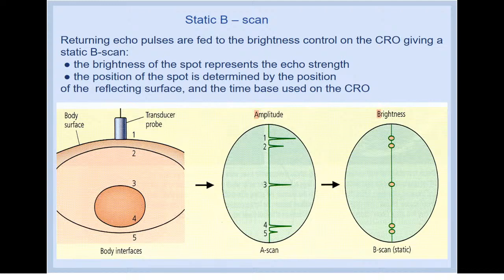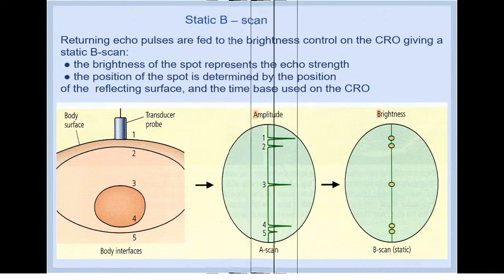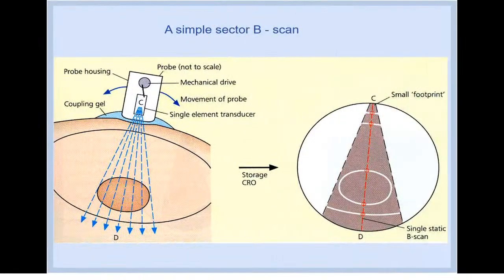Static B-scan interprets these peaks, transforming the peaks of the deflection of the oscilloscope ray into a contrast picture of the structures. Look, this is the technique of the simple sector B scan. The probe is rocked on the surface.